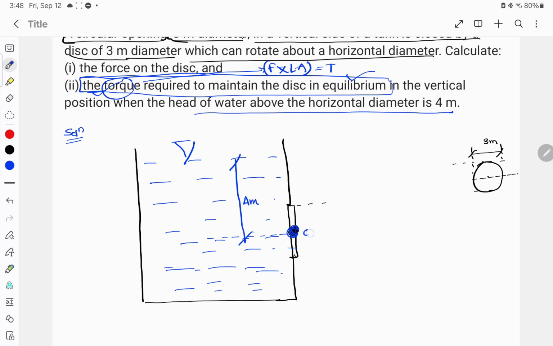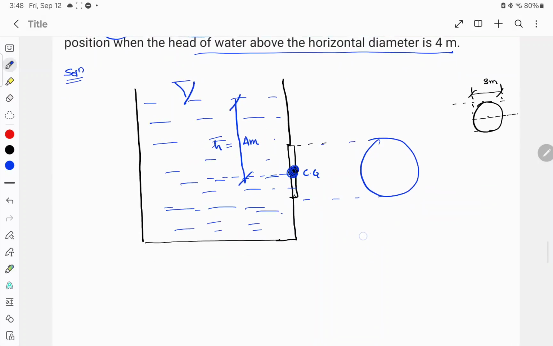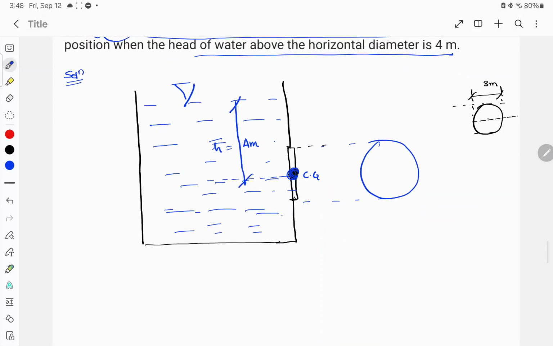If we see, this is the center of gravity, right? This is the center of gravity. So this distance will be what? H bar. We already know that. So force will be how much? Horizontal diameter is this, right? This is 3 meters. So first we need to know that diameter is 3 meter.